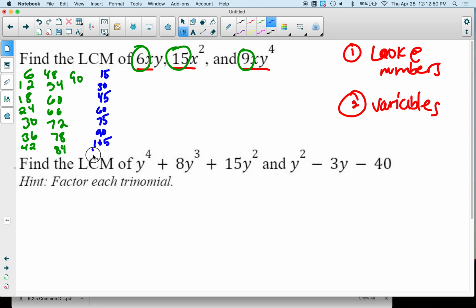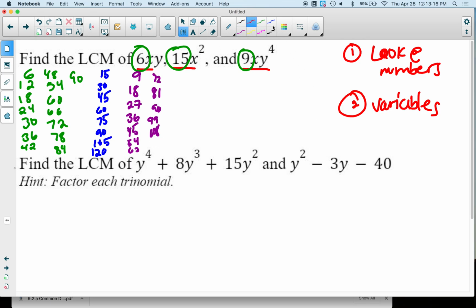Just keep writing out multiples until you feel like you have enough, and then you still might have to go back and add more. We're looking for the least number that shows up on all three lists. 9, 18, 27, 36, 45, 54, 63, 72, 81, 90, 99, 108, and then we could keep going if we desire.